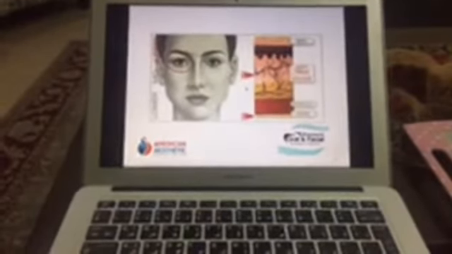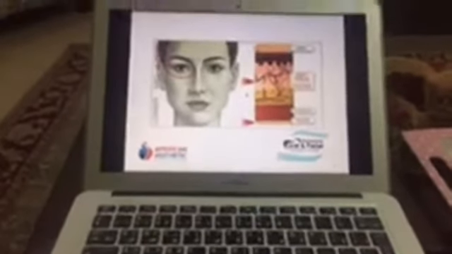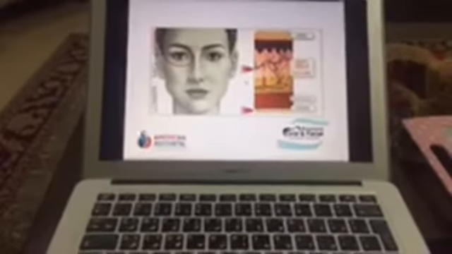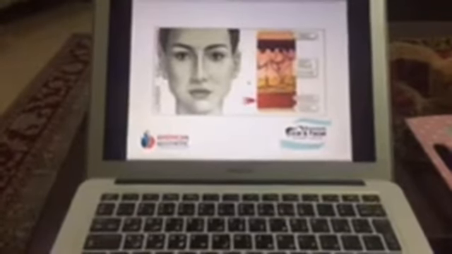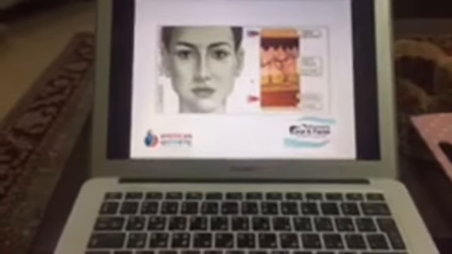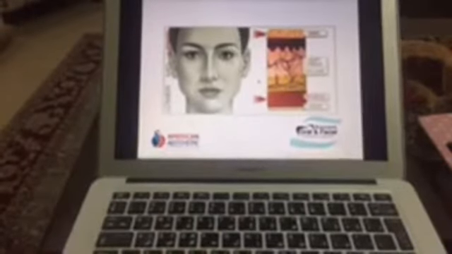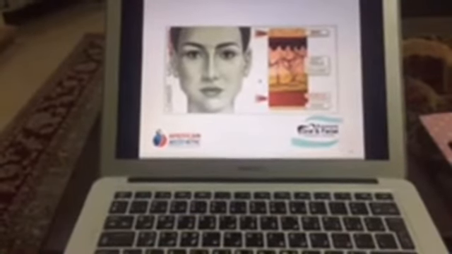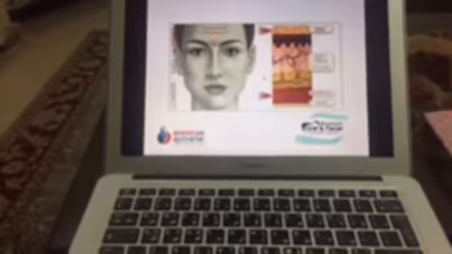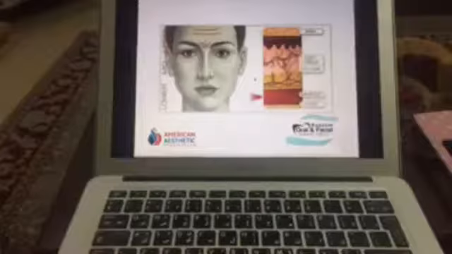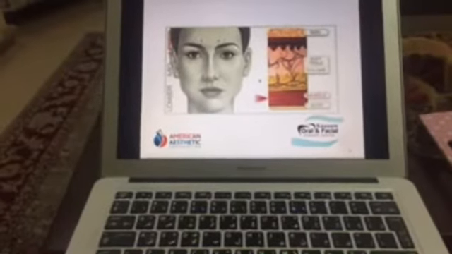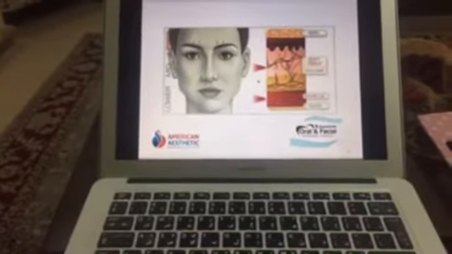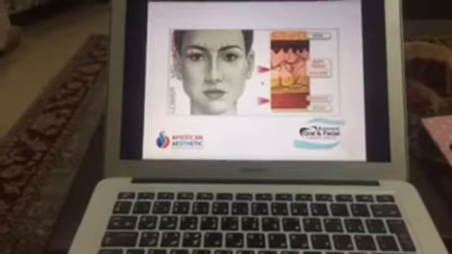Regarding the eye, there is lowering of the eyebrow. This is beyond the scope of our lecture today. And also there is a tear trough. And this is what we call crow's feet. And regarding the forehead, we have drooping of the eyebrow, and also what we call the thinker's line.